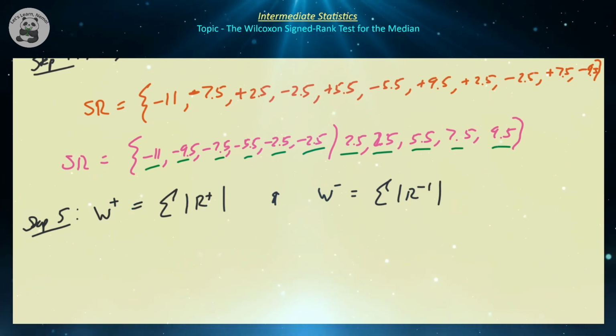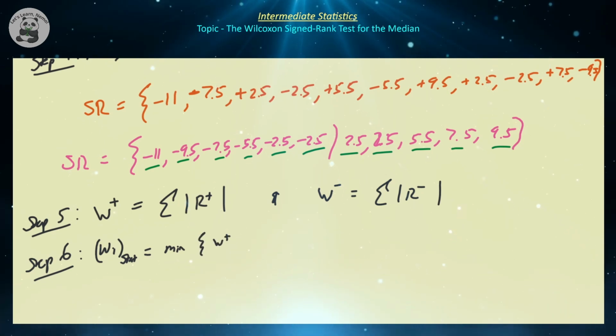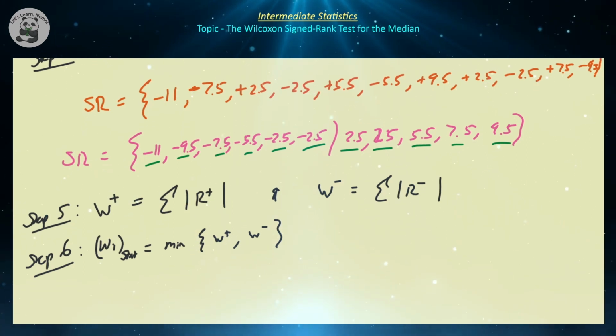I keep on writing minus 1, but it's just minus, right? Once you have that, then the test statistic for the Wilcoxon Signed-Rank Test, which I'm going to call W stat, will be equal to the minimum of W plus and W minus. There's that minus 1 again. Right? So those are the two primary metrics that we're going to be going for.